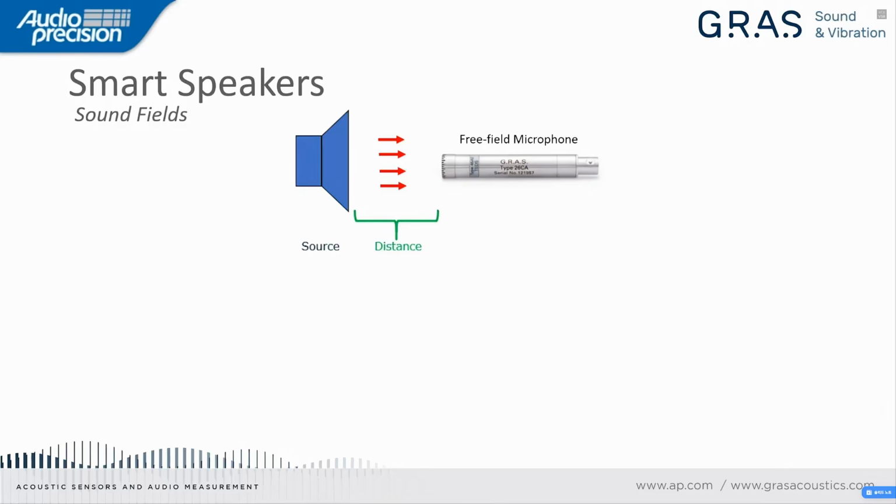In most cases we place what we call a free-field microphone in front of the speaker, because normally we place the microphone at 1 meter or closer when we are doing smart speaker testing, according to IEEE 1329. Then we place it at a distance of about 40 centimeters from the source.